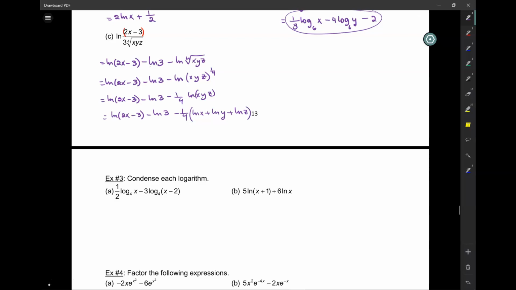Okay. Now, here's the deal. That, for me, will get full credit. Okay? Distributing, it's not a necessity. Like if you did 1/4 ln of x minus 1/4 ln of y, that wouldn't make a difference for me.